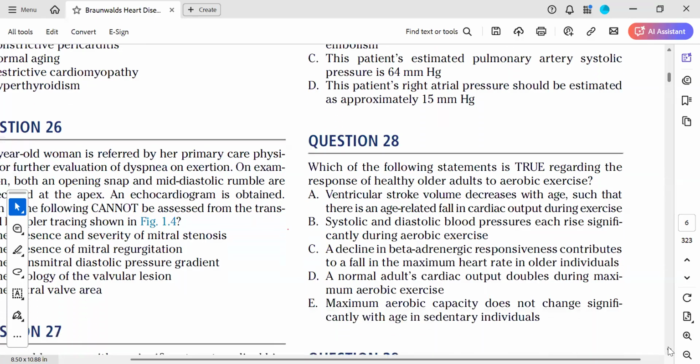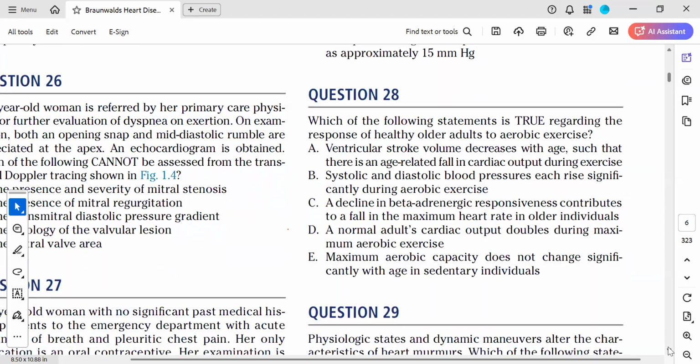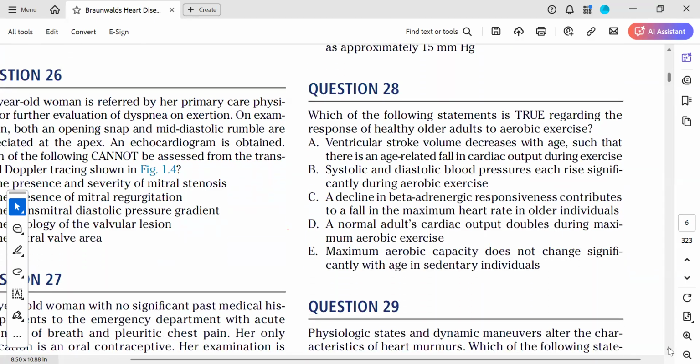Question 28. Which of the following statements is true regarding the response of healthy older adults to aerobic exercise? Now, just as brief information about what is expected, the physiological response to exercise.